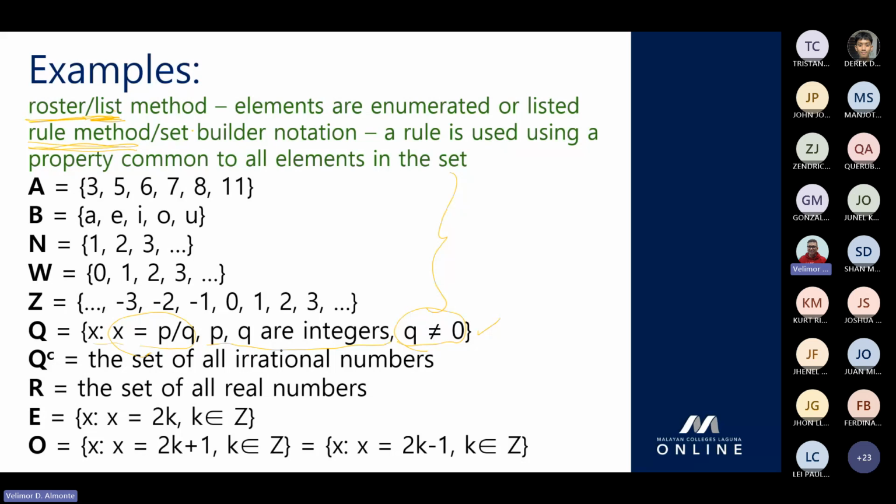The rule method is also referred to as set builder notation. Okay, that's also the same in sets E and O, but here we're using that epsilon. So that means that k is an integer. k belongs to the set of integers. So we're using symbolic language there.